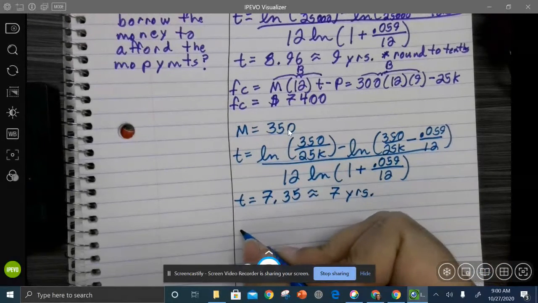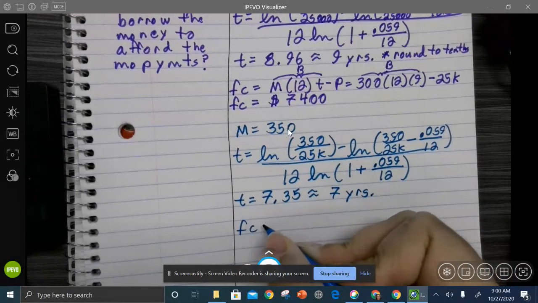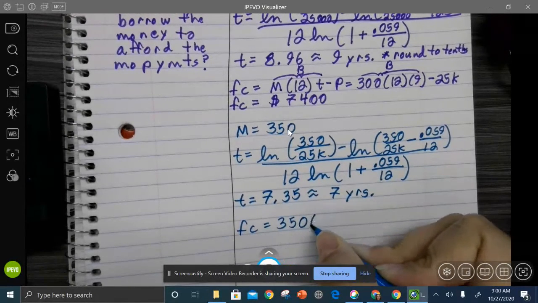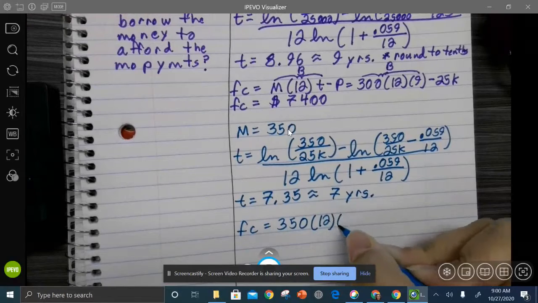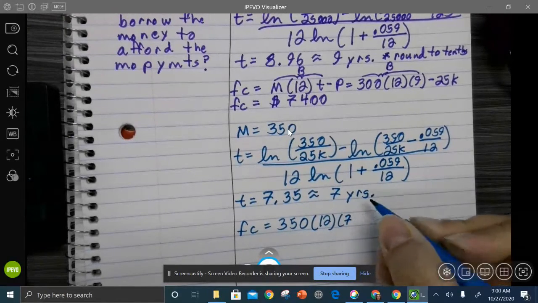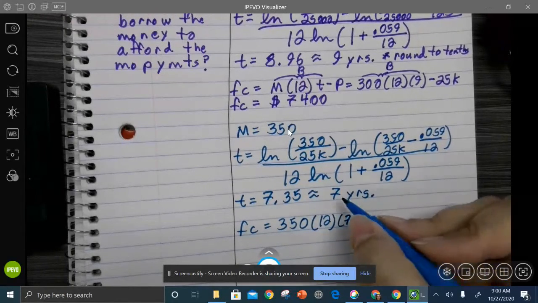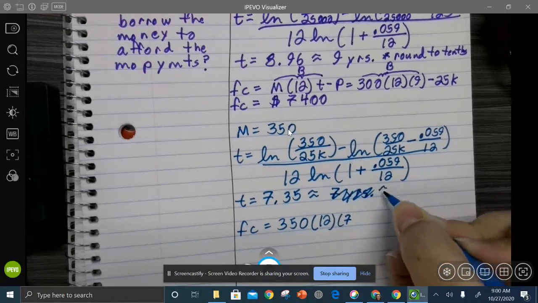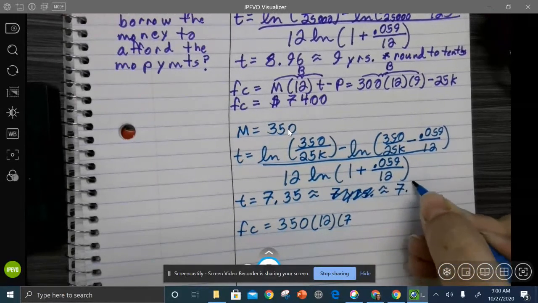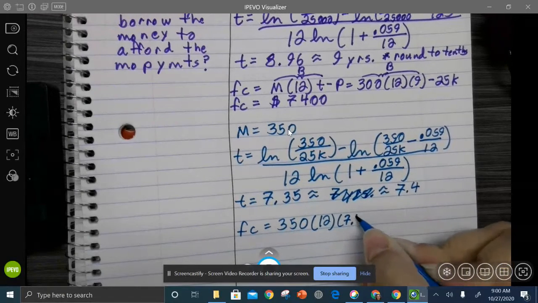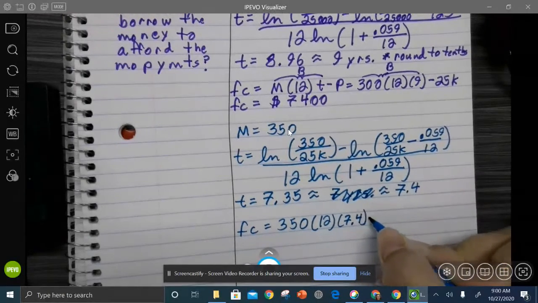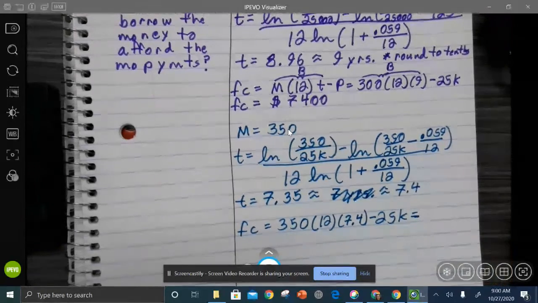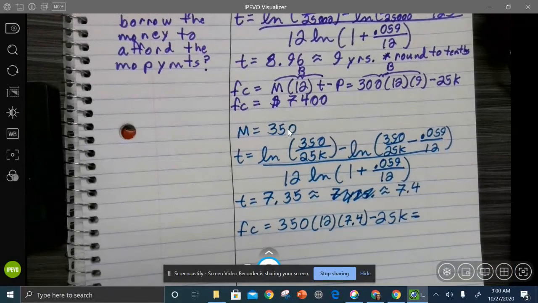So we're going to do the finance charge. So finance charge is going to be 350 times 12 times 7. And we're going to do, everybody, we should really round to the tenth place, so we're going to do 7.4. So 7.4 minus 25,000. So we're going to put that all together.